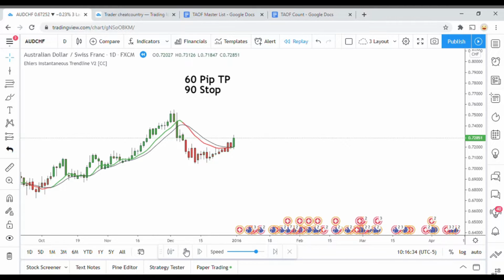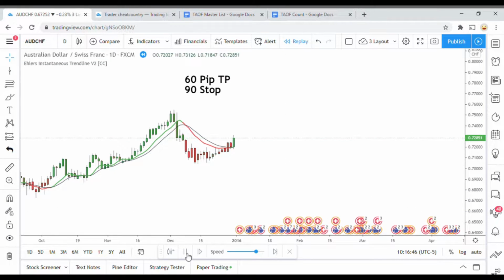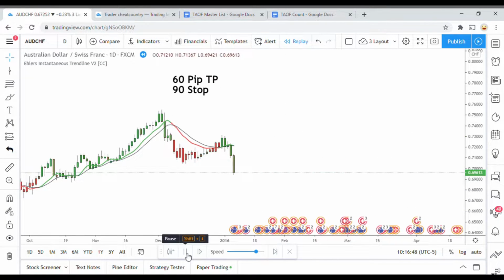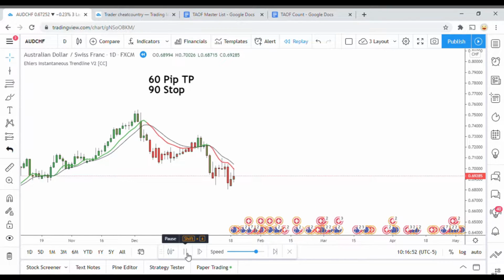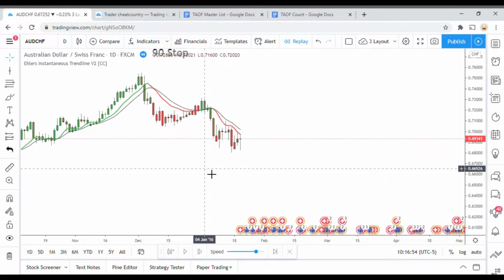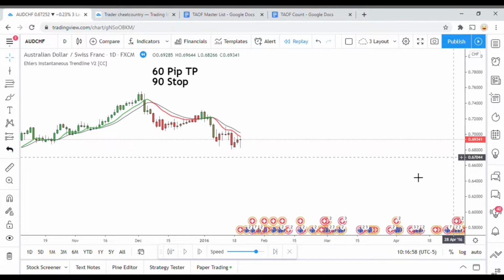So I'm going to leave the bar color on in this case, and we will try this out, see what we can get out of this indicator. I'm not going to worry about changing the colors, but we'll play it out and see what we can get. So our first signal we pick up over here would be a short.